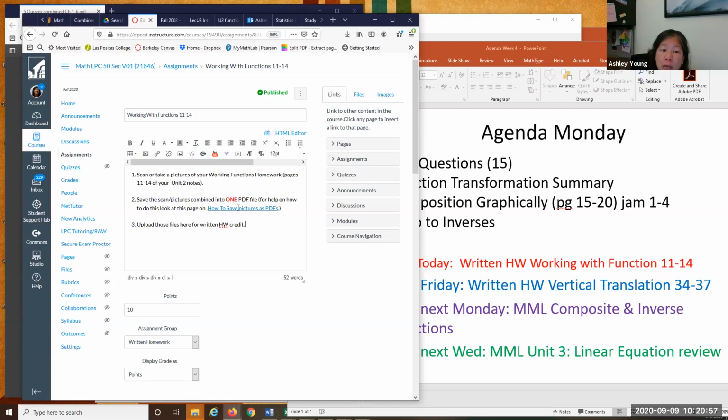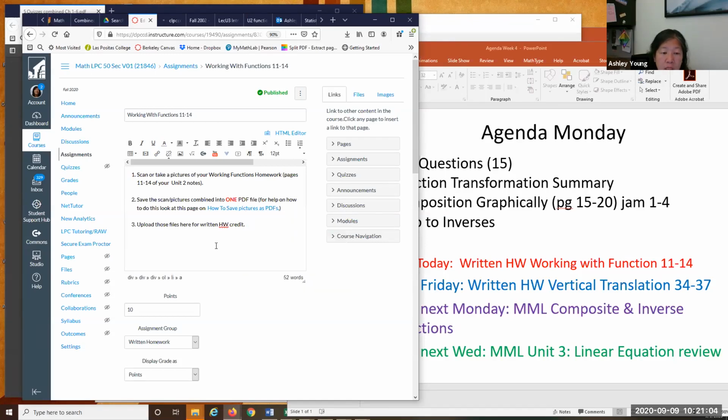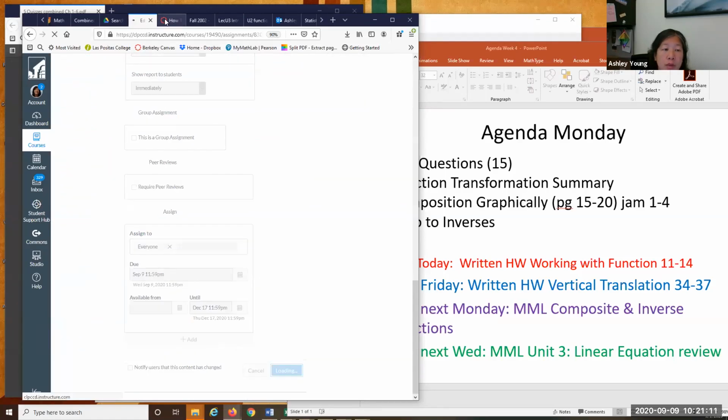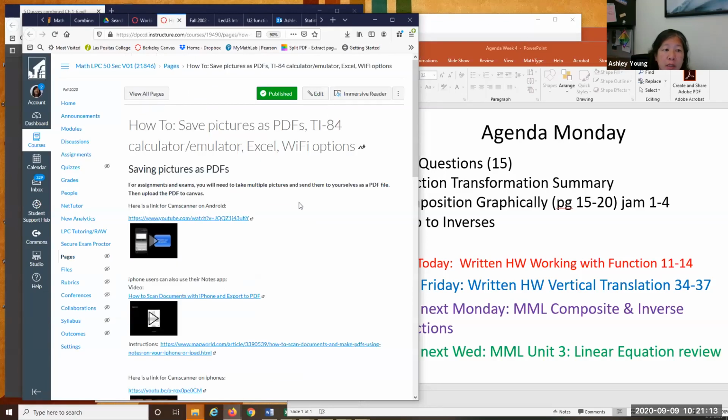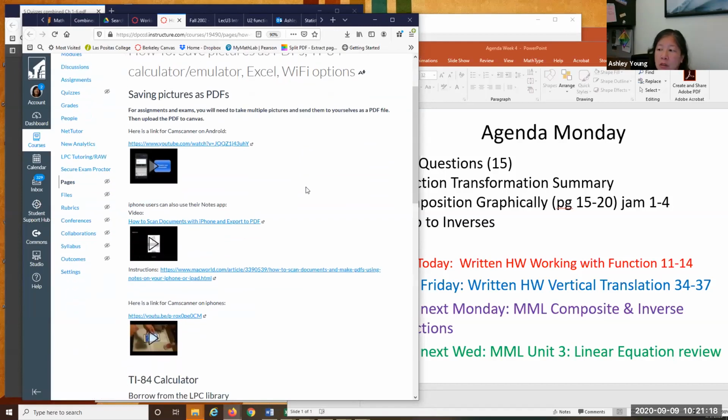If you're not sure how to do that, look at this link. If I click on this link, it opens up and shows you how to save them as one PDF file. You'll take a picture, and I think it's right around the 58 second mark for the Android, and right around the 35-second mark for the iPhone.